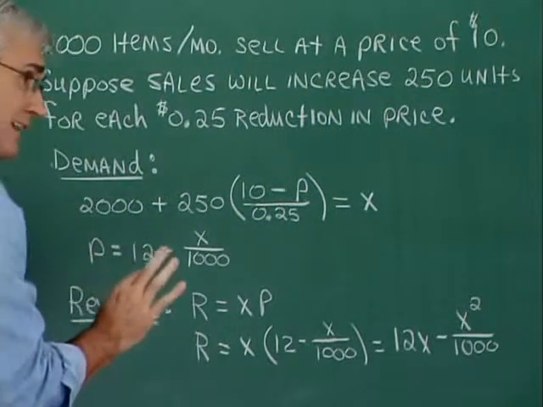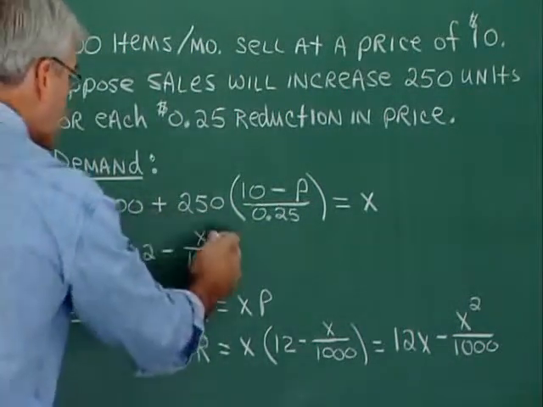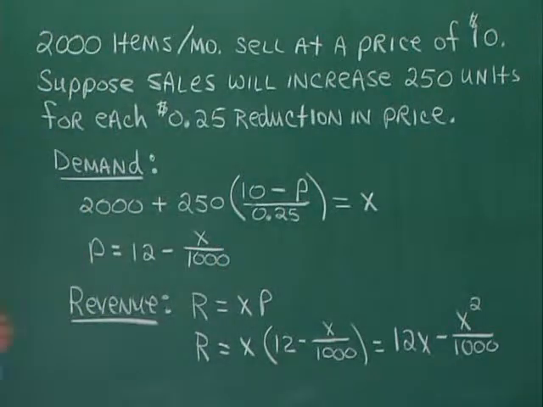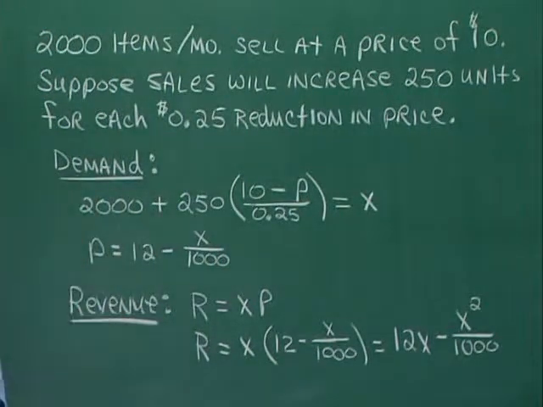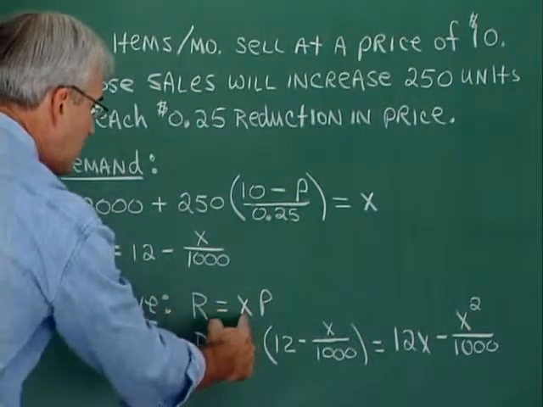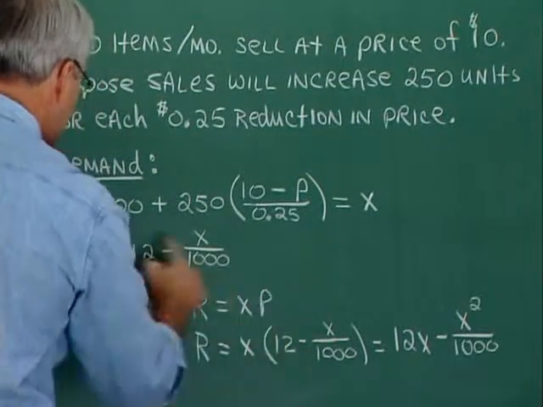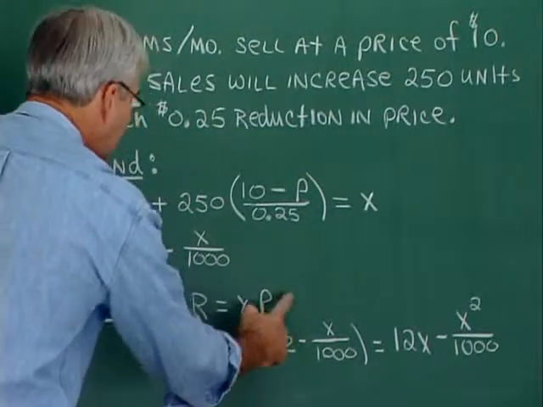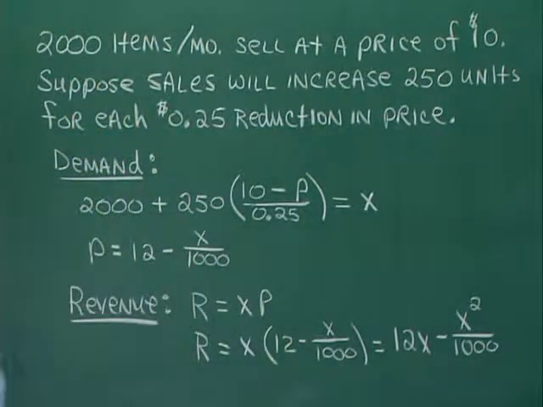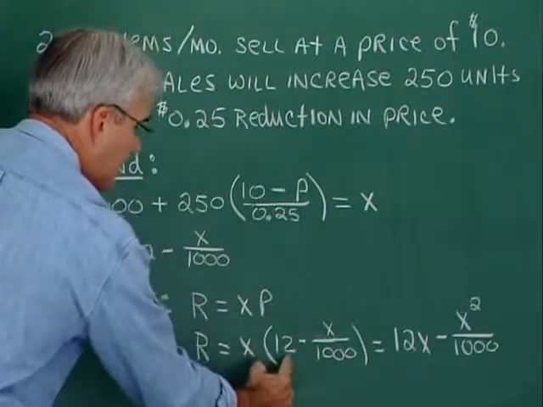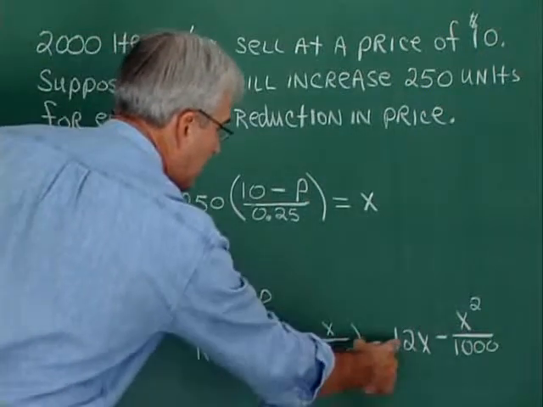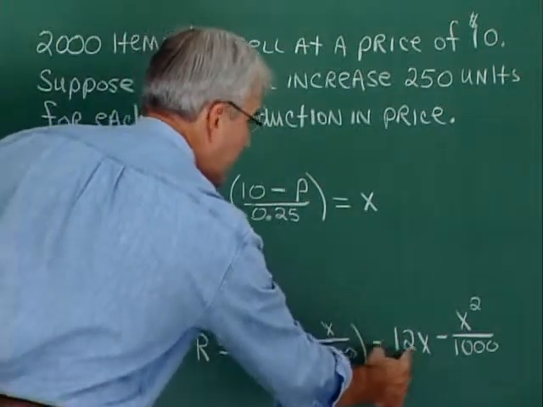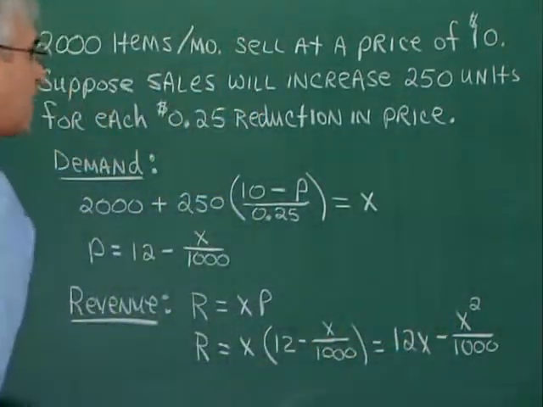Once that's done, we have price in terms of X number of units. And then we can make a revenue calculation. The revenue function is X number of units sold times this expression for price. So X times 12 minus X over 1,000. Multiply X times both terms, and we find that the revenue is 12X minus X squared over 1,000.